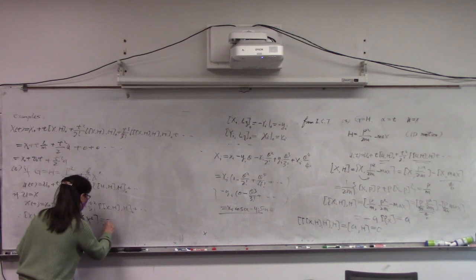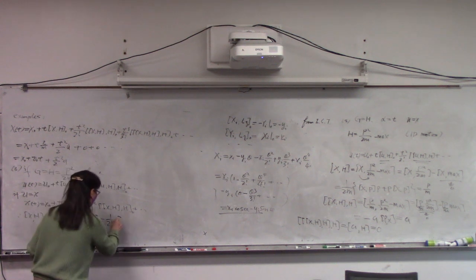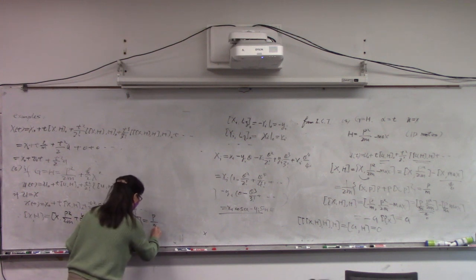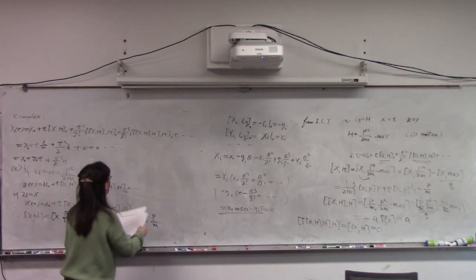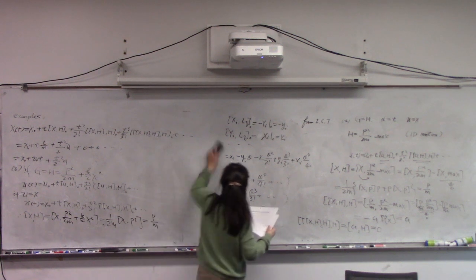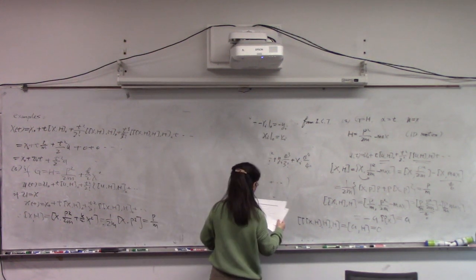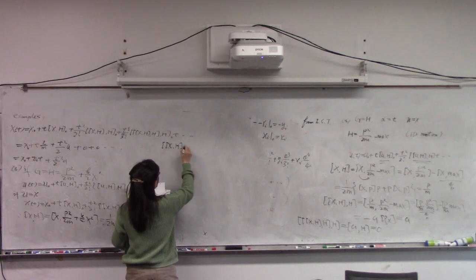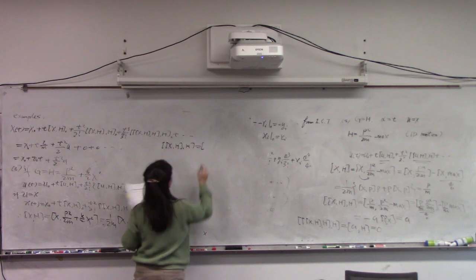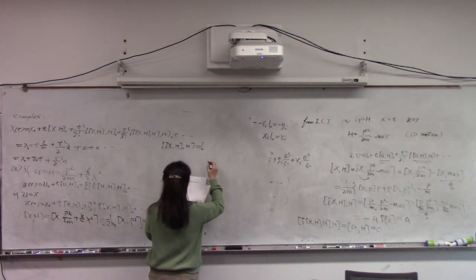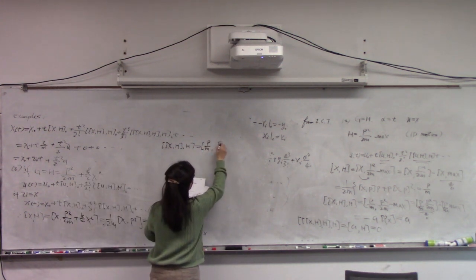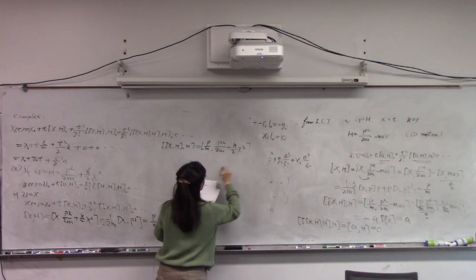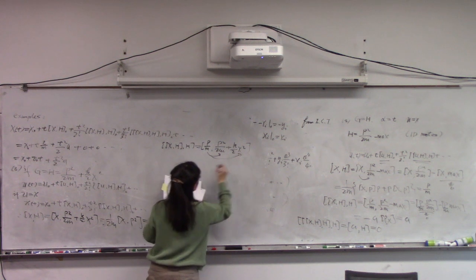So that is p over m, and the second one is x, H, H. The first one we already know is p over m, p squared over 2m plus k over 2 x squared.